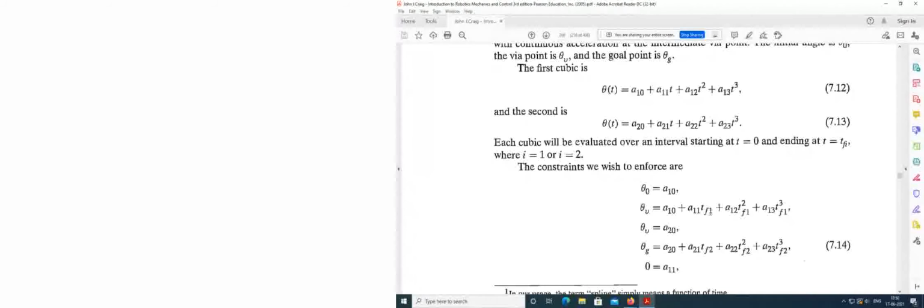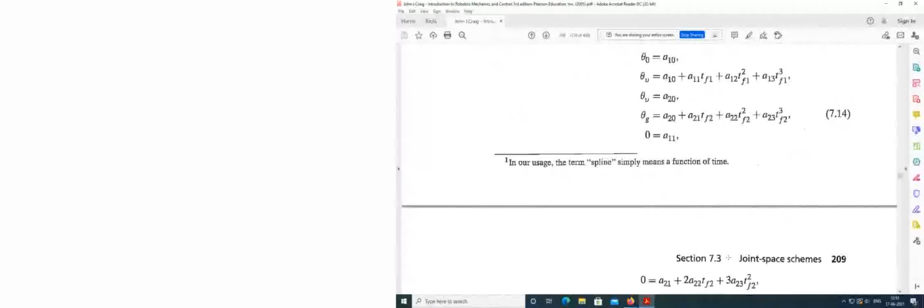By tf1 they mean the time at the end of the first cubic polynomial, and here they represent tf2, which means the end time of the second cubic polynomial. So these are some constraints: from theta naught, from theta v, and then from theta g. So 3 constraints.